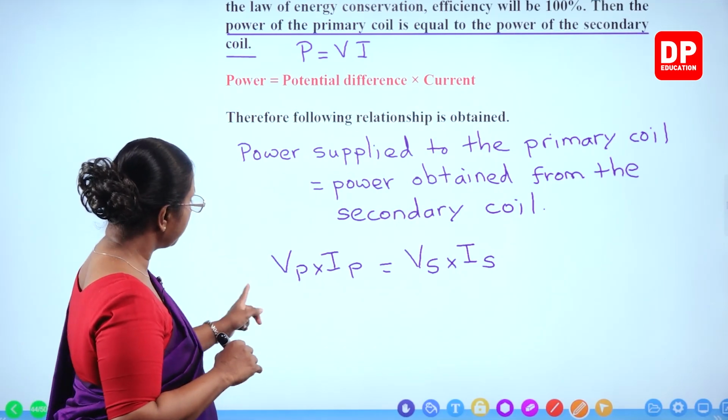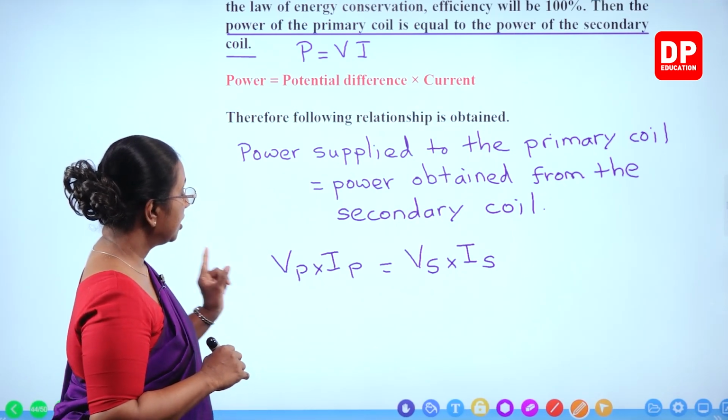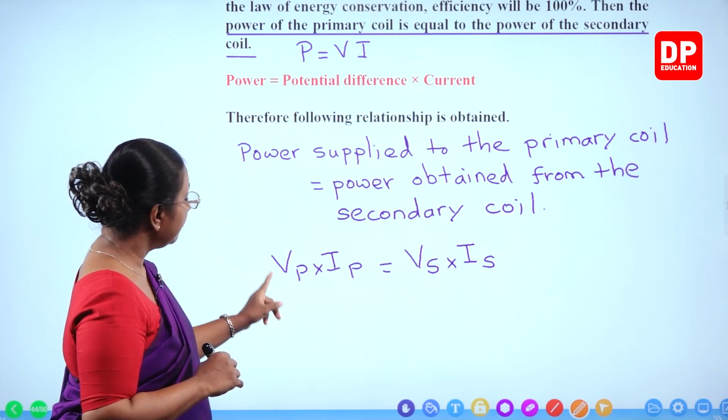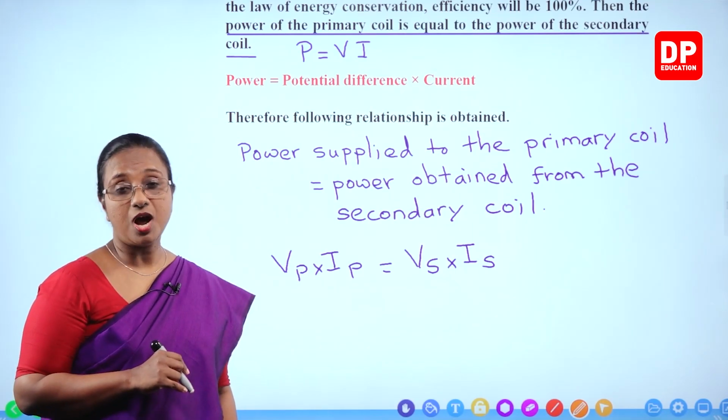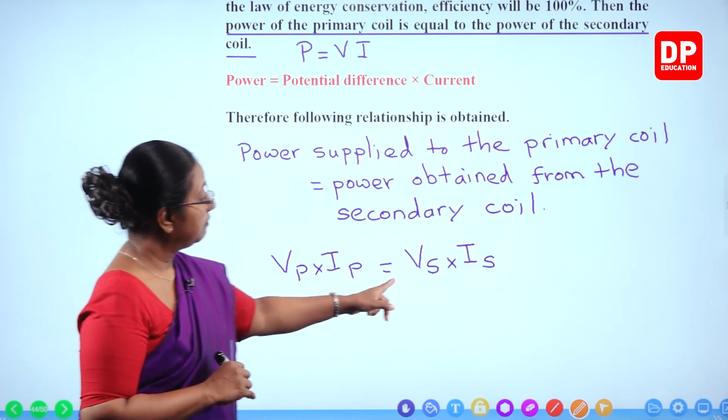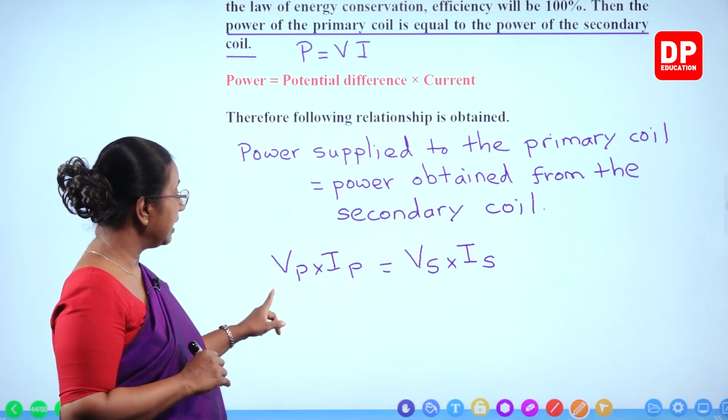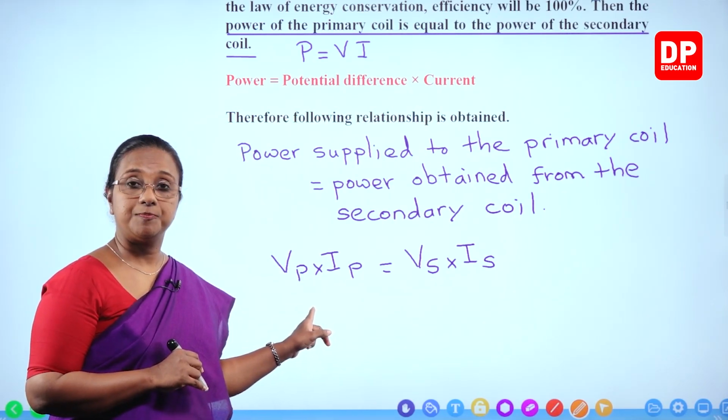Now from this relationship, students, you can see if it is a step up transformer, V secondary will be greater than V primary.